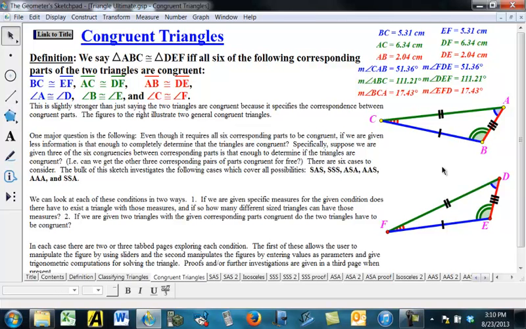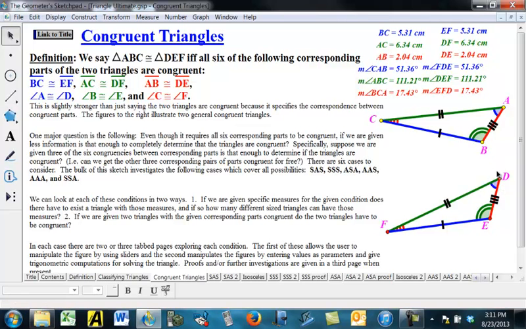So that's what we mean by congruent triangles. So all the corresponding parts, all the 6 corresponding pairs of parts must be congruent. So the 3 sides must equal each other in measure, and the 3 angles must equal each other in measure. When I'm saying equal each other, not within a triangle, but from one to the corresponding part of the next.